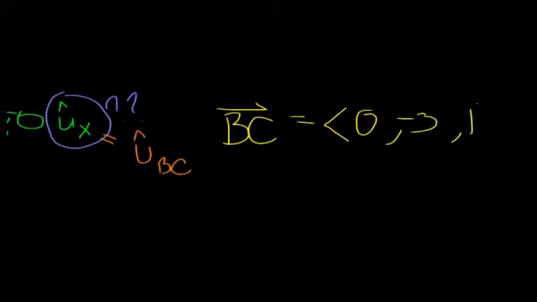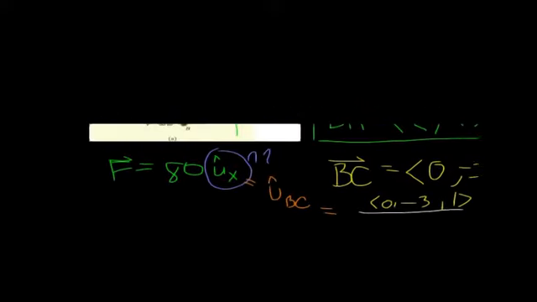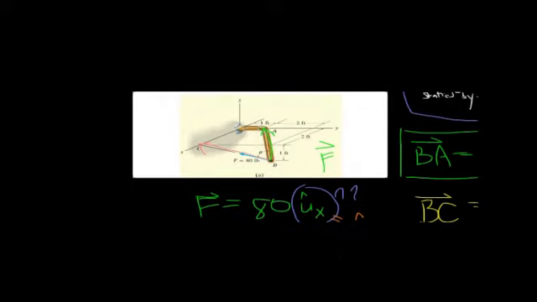Alright, let's solve u hat BC. It's going to be equal to the vector itself, BC: 0, comma, negative 3, comma 1. Double check that again. I have anxiety issues. Seems correct.